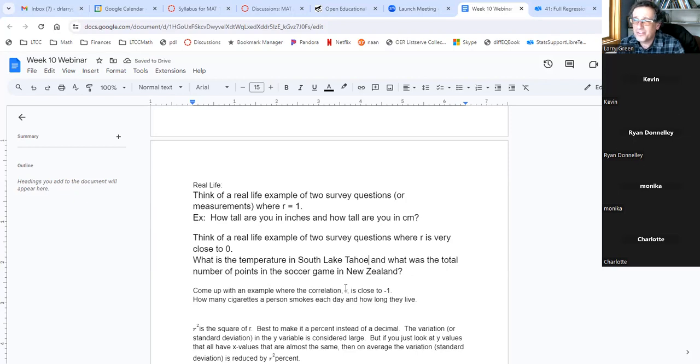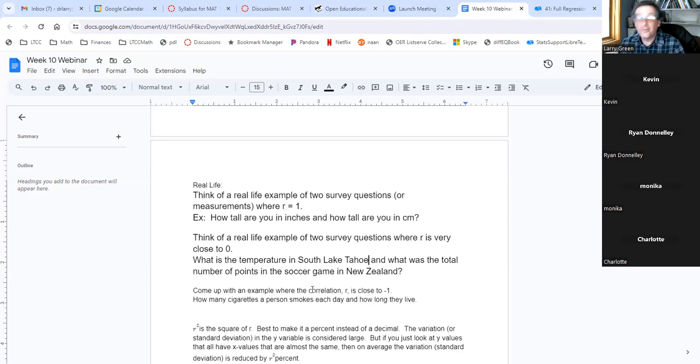If you knew what the temperature was in South Lake Tahoe, do you have any idea how high scoring the soccer game is going to be in some high school in New Zealand? Does that make sense? It's not because one has low scores and the other has low scores. It's just they have nothing to do with each other. If you know one, there's no prediction of the other. Do you see that? Is that clear?